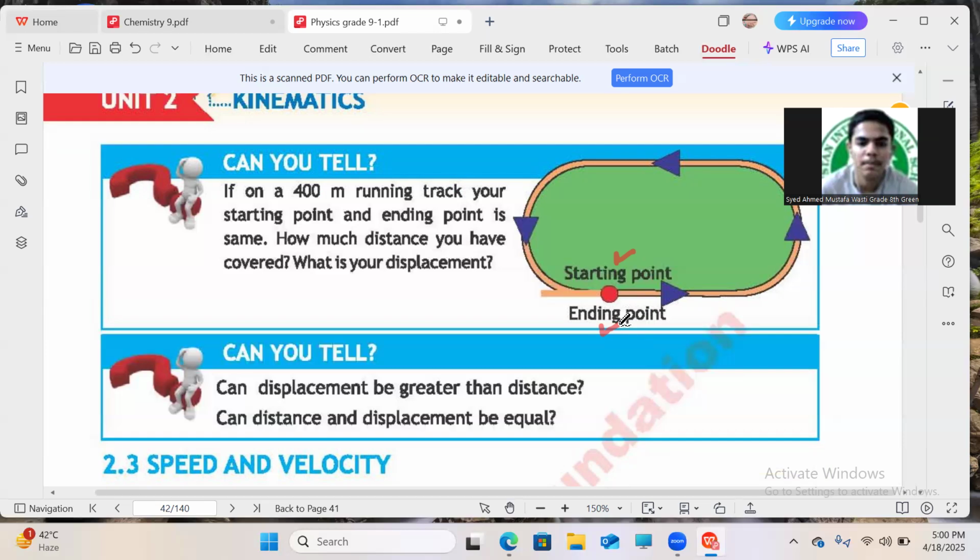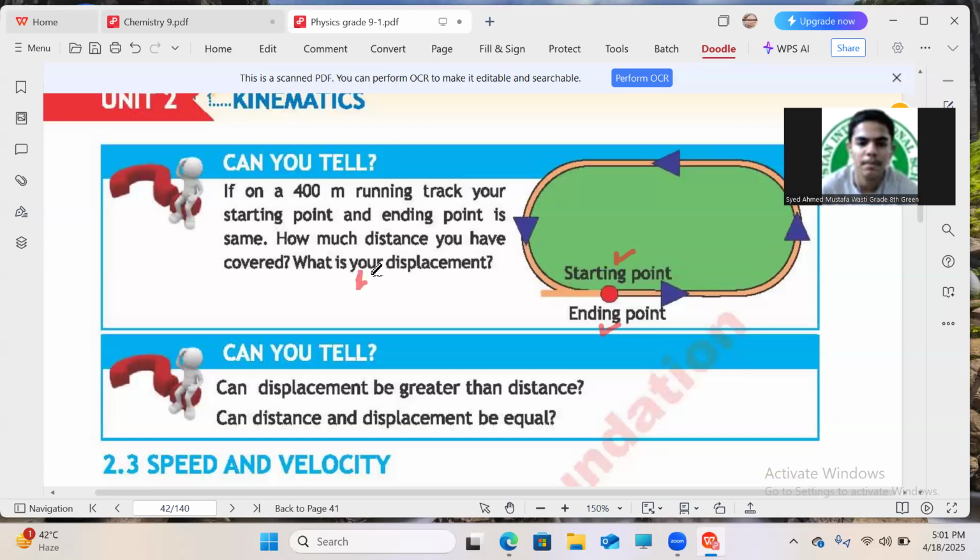The reason displacement is 0 is because our starting point and ending point are both the same. So if we use the displacement formula, we get 400 meter minus 400 meter equals 0 meter.